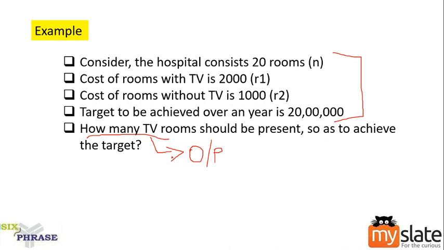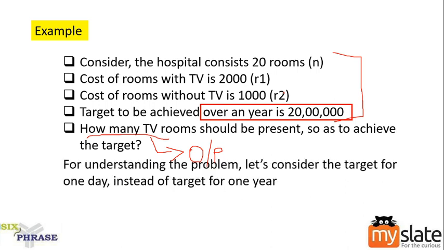Here the target is met for a year only, but we are going to consider one day. This is just an assumption to show you how the problem works. In the question they are asking for 1 year. To explain the problem alone, I will take it for one day.